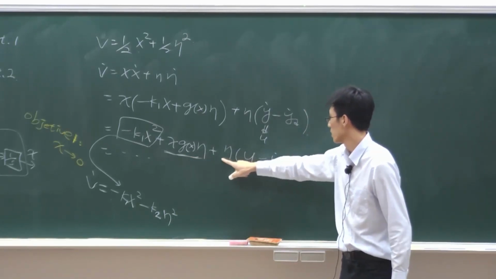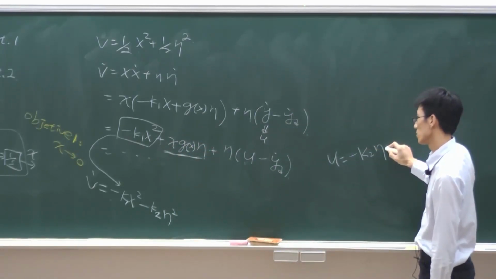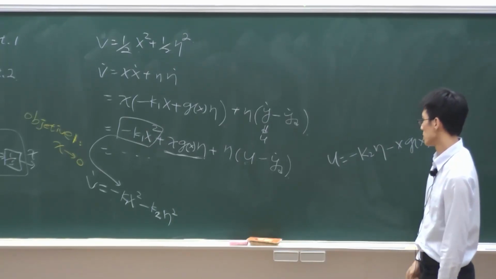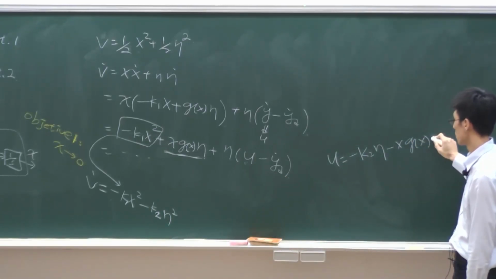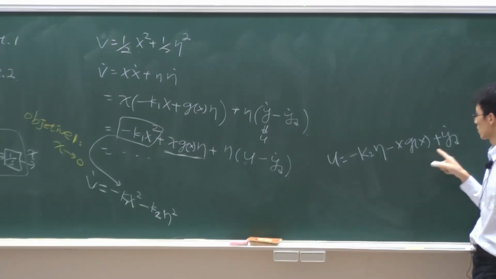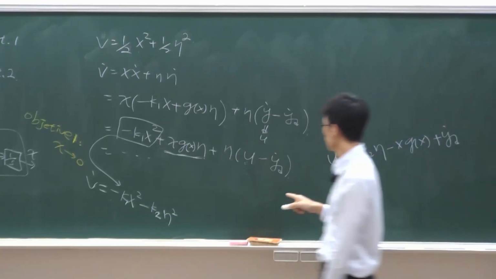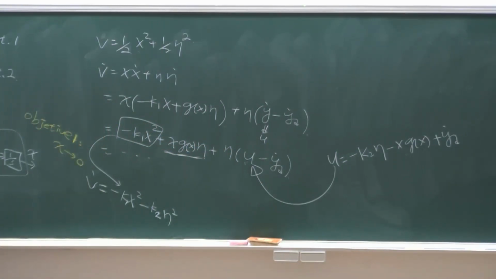You have eta here, so you need to put x gx in U, so this minus x gx. And finally, this term has to be gone, so you design yd dot here. And everything is known. This is measurable, known, right? And designing this U gives you the guarantee that beta will be negative definite. That's how I design it.